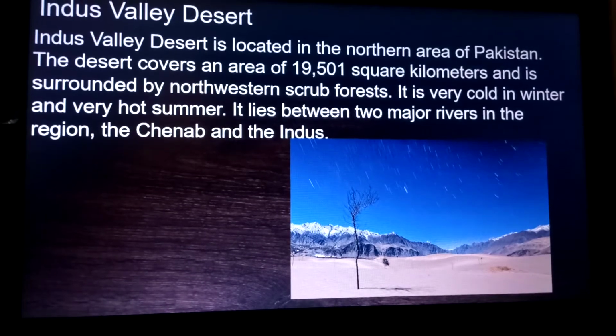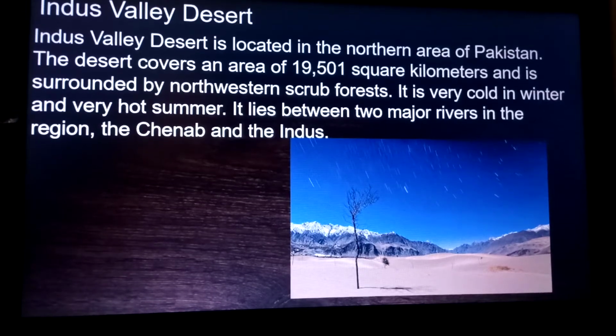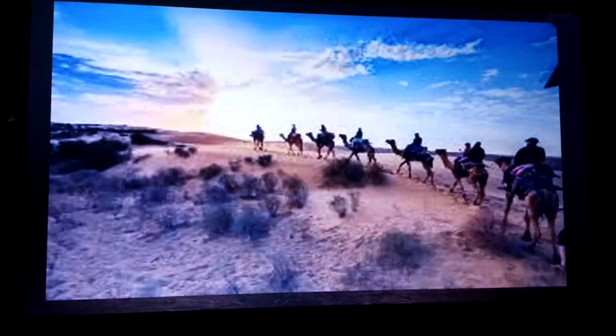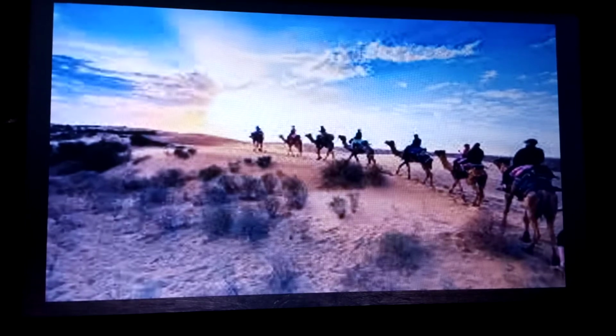It lies between the two major rivers in the region, the Chenab and the Indus. Compared to other deserts, this desert is a bit fertile. See how people are traveling on the camels. Beautiful scene.